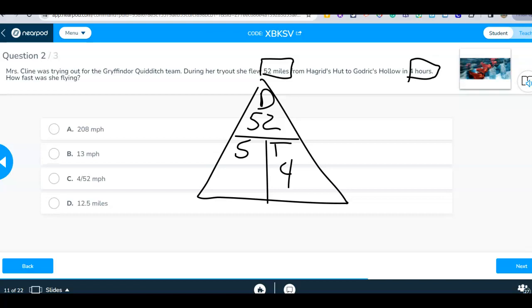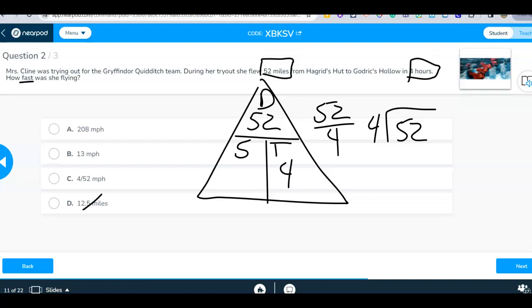I look inside of the triangle. I see 52 over 4. How do I read that, Knox? I read it as 52 divided by 4. Some of you did that in your head. Some of you did it on paper. Some of you did it with your calculator. What did you get, sir, when it said how fast was she flying?